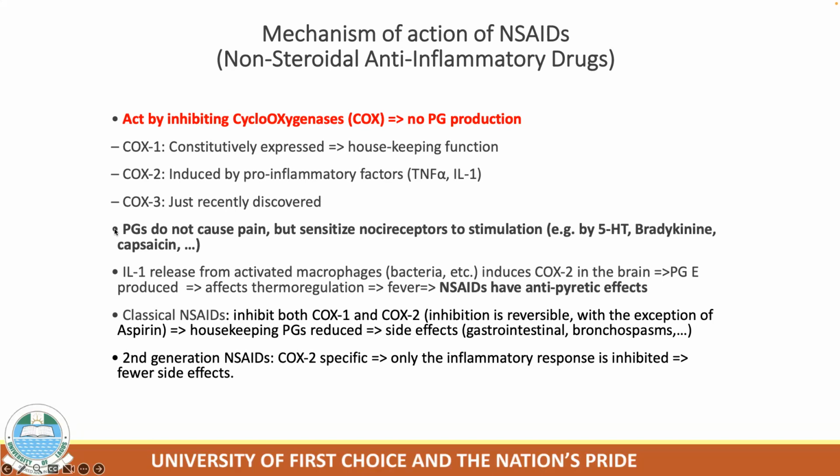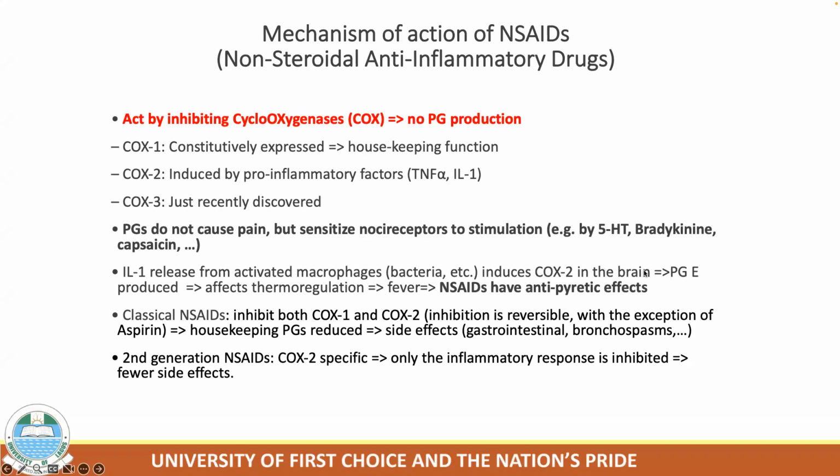Now, prostaglandins do not cause pain. What they do is they sensitize nociceptors to stimulation by 5-HT, bradykinin, capsaicin, and others, right? Now, in the whole cascade, IL-1 is released from activated macrophages, which are those big cells that come later, or toxins from bacteria can also cause the release of IL-1, right?